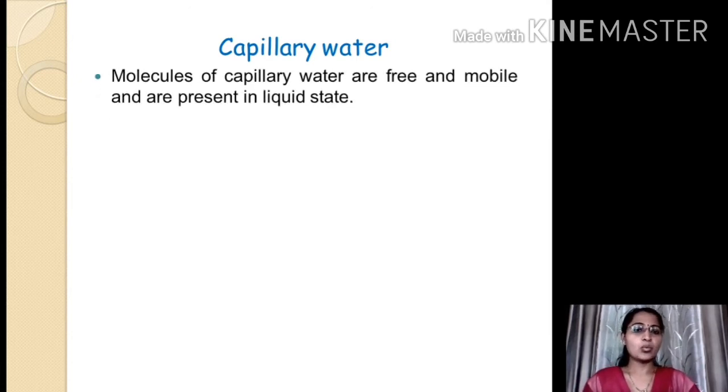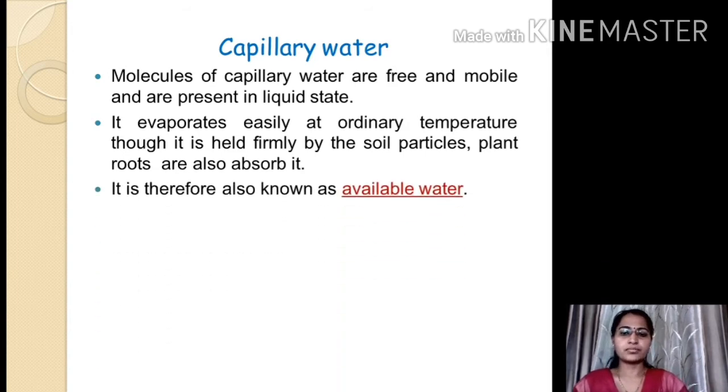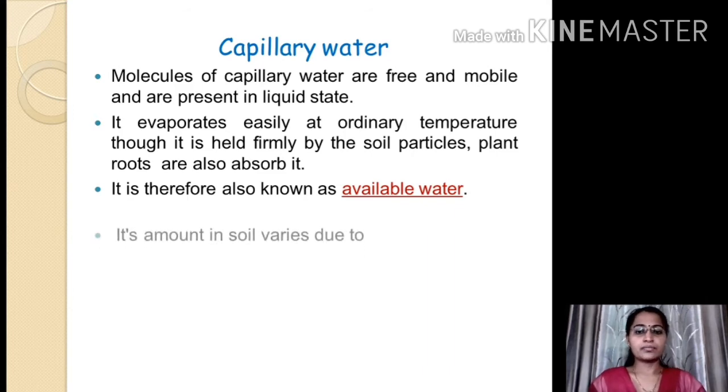Molecules of capillary water are free and mobile and are present in liquid state. They evaporate easily at ordinary temperature, though it is held firmly by soil particles. Plant roots also absorb it, and therefore this capillary water is also known as available water.